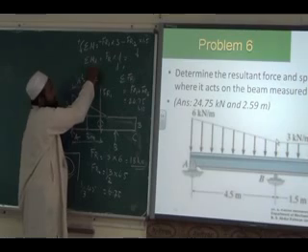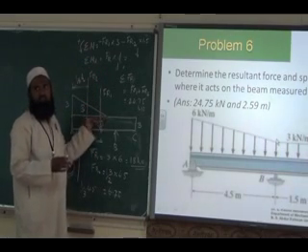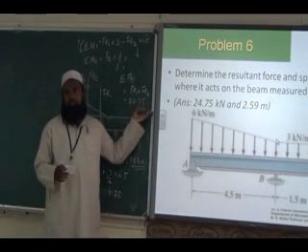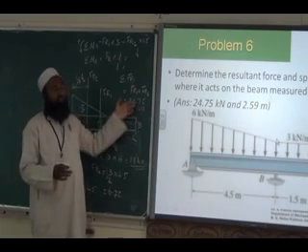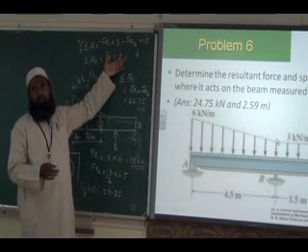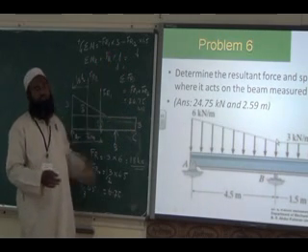This is equivalent to the moment produced by the resultant of the two forces, 24.75 kilonewton, which we can write as FR times D, the perpendicular distance. So you can find out the position D at which the resultant will be acting.